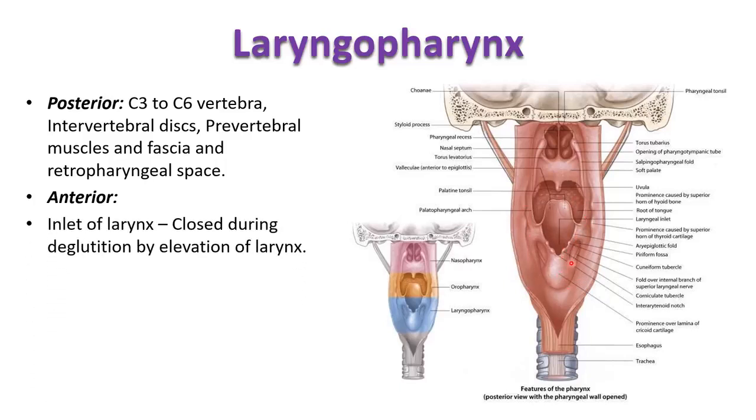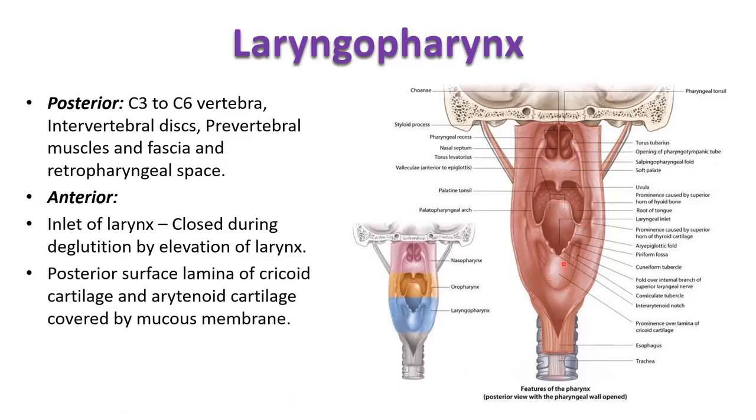Below the inlet you are able to see the posterior surface of the lamina of the cricoid cartilage, and lying on top of it are the arytenoid cartilages. Everything is covered by the mucous membrane.